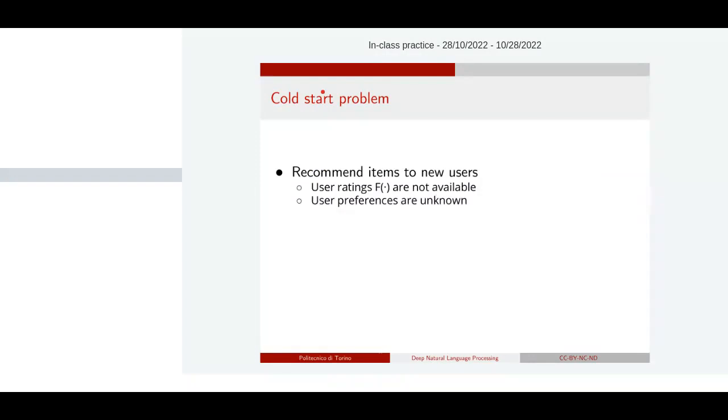Conversely, content-based recommenders focus on analyzing the item characteristics. For example, if you recommend a book, you try to infer the main topics covered by the book, the authorship, and the competencies and skills needed to understand the concepts explained in the book.